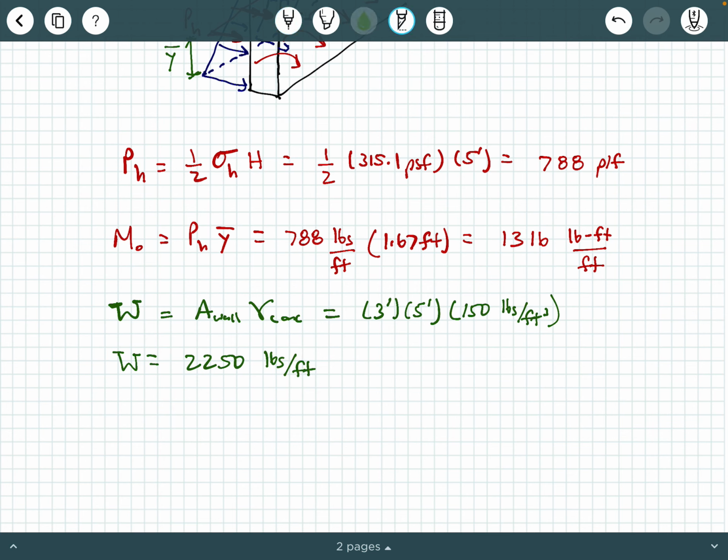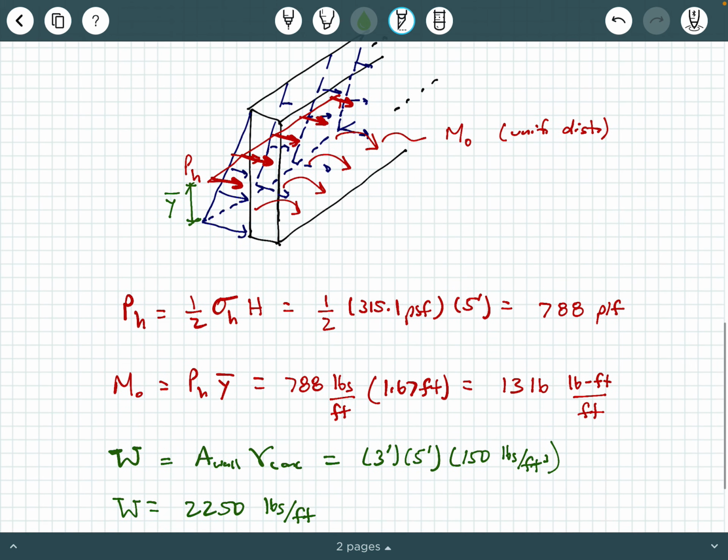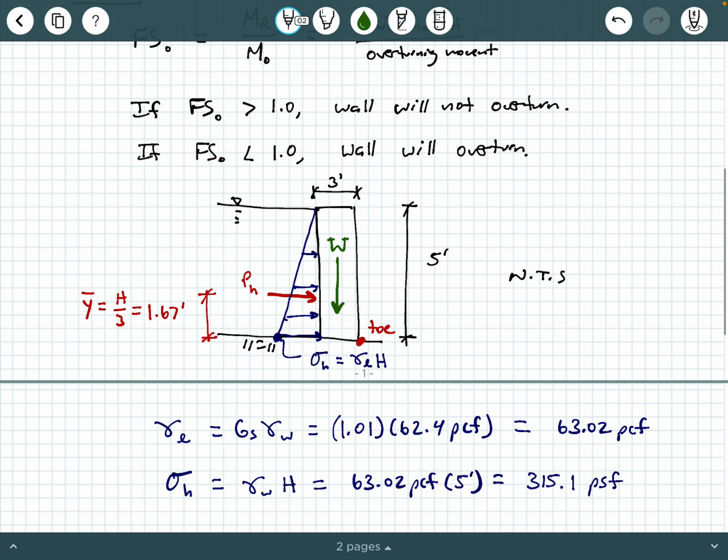Again, you have feet times feet canceling with some of the feet in this denominator, so you're left with pounds per linear foot. So where is that in this kind of messy looking 3D sketch? Well, that's the self-weight of the wall pointing down. And again, that is a vertical distributed load that is coming in and out of the page at us in the section of the wall, okay?